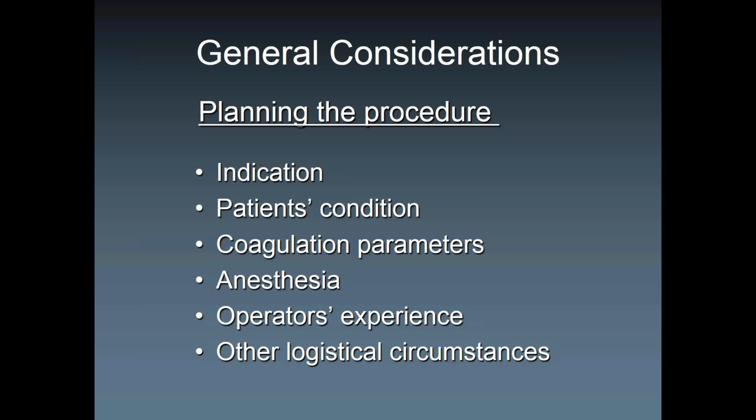The patient is frail or in good shape, can the patient hold his or her breath or not? Take a look at the coags, and then decide on the anesthesia, if it's local, moderate, minimal, or general anesthesia. And it also depends on the skill level of the operator or operators, and also on what armamentarium you actually have available, and if you have rooms in CT or ultrasound, if there's any logistical shortcomings.